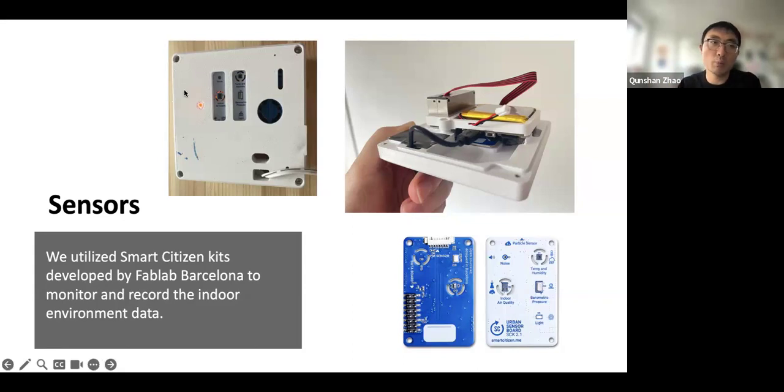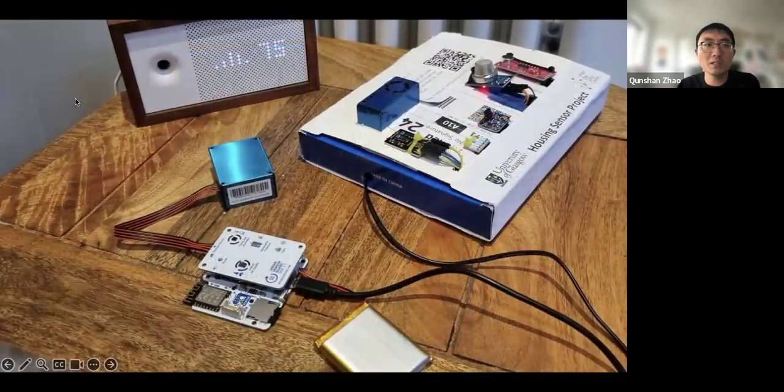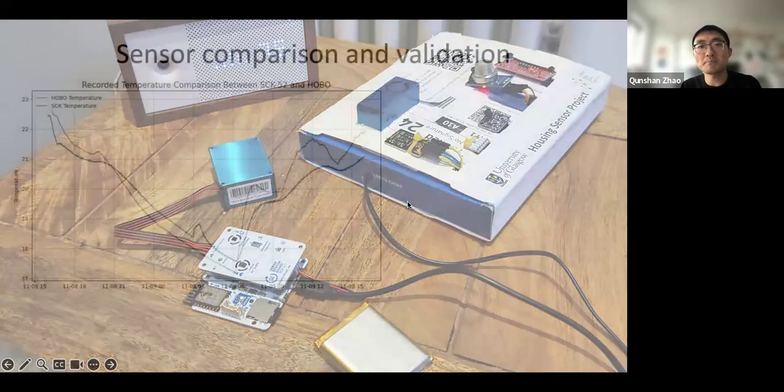It also has open-source 3D-printing cases, so we can easily make them through any 3D printing company. This is an example of how it looks, and when we put things together, the size is much smaller compared to our own sensors.